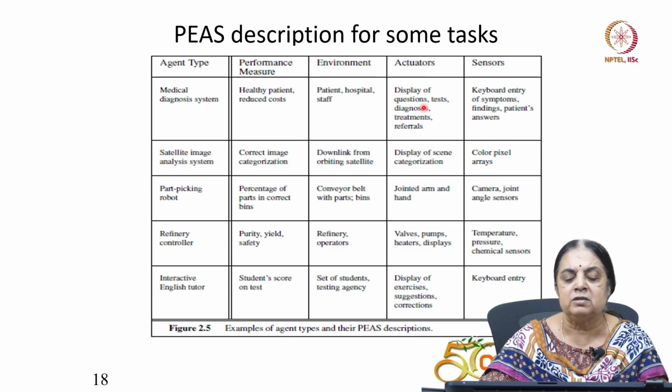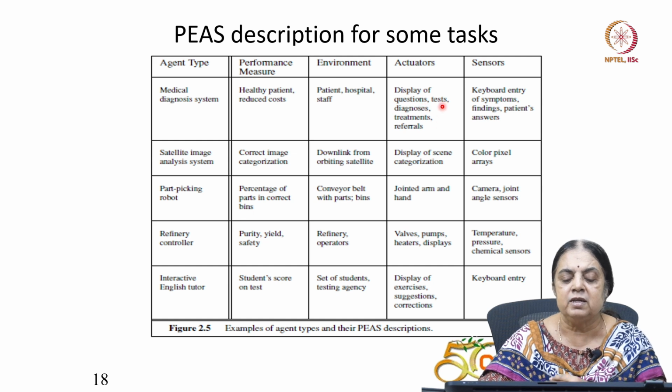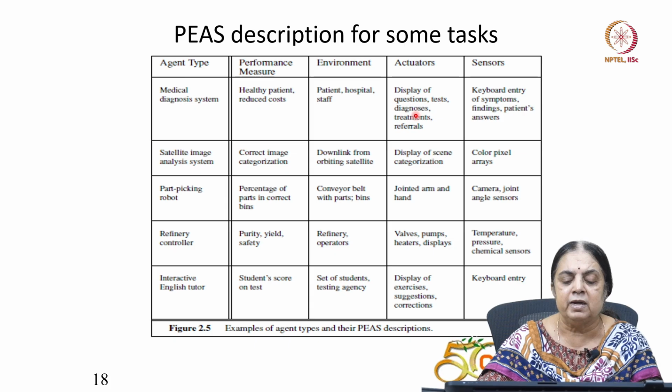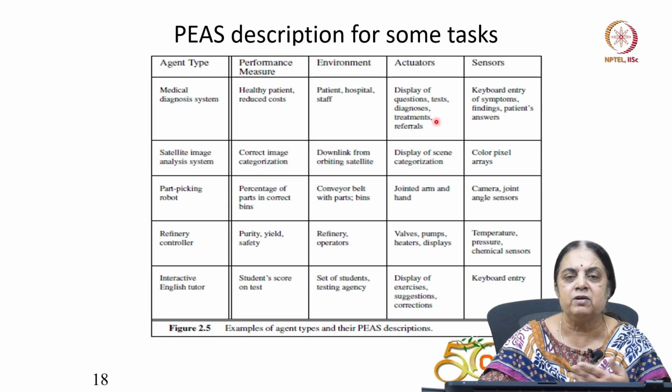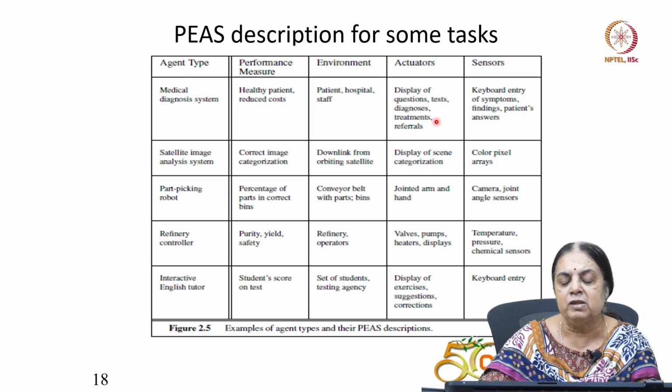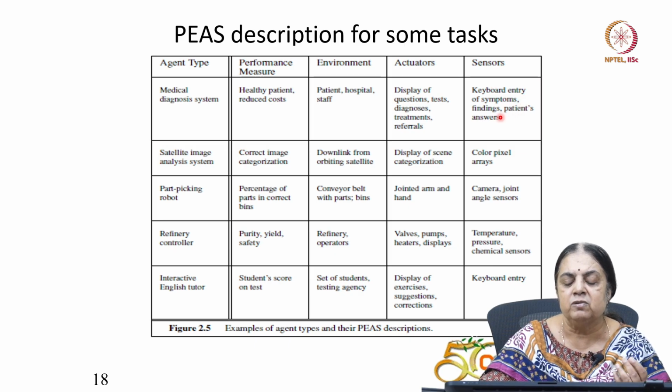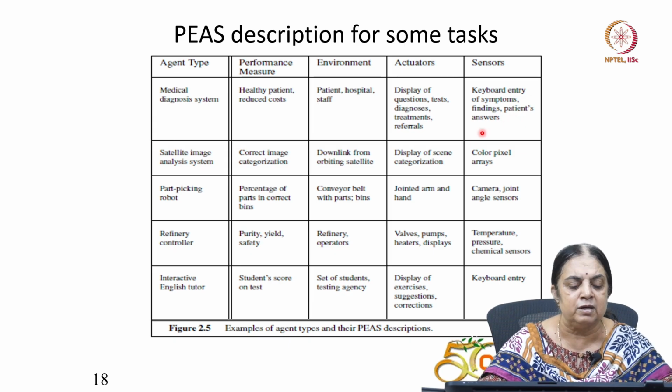Questions which you have to ask the patient, the tests which need to be done, the diagnosis, treatment, the referral to other doctors, all these are the output. And the inputs will be symptoms from the patient, the patient's answers, what are the symptoms that the patient has, findings of tests, all those type of things.